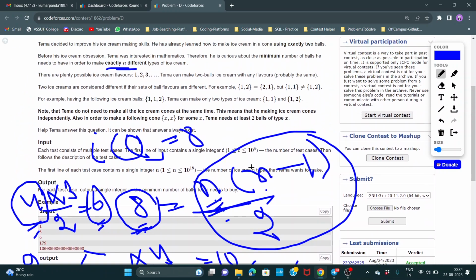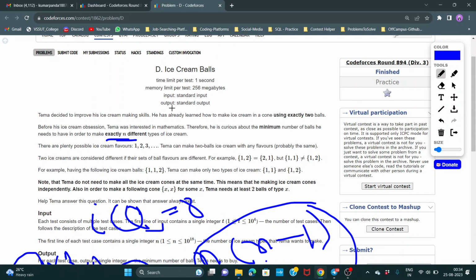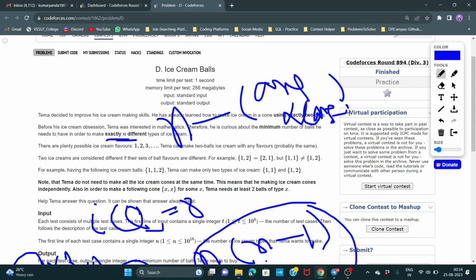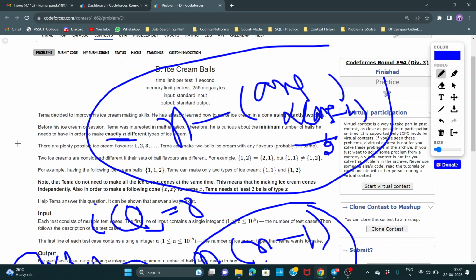After calculating this value, you just have to subtract it from the answer: answer into answer minus 1 by 2, and add this value to your answer. That is your final answer. So this is the whole solution.